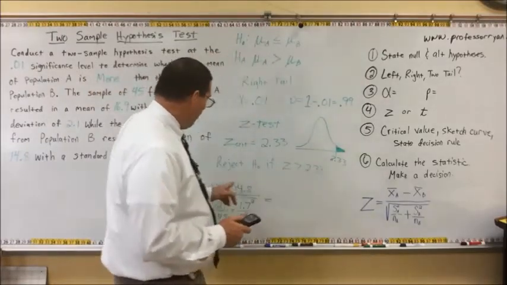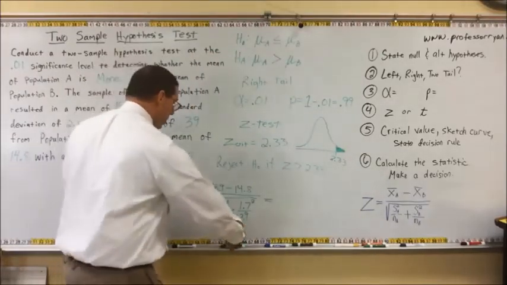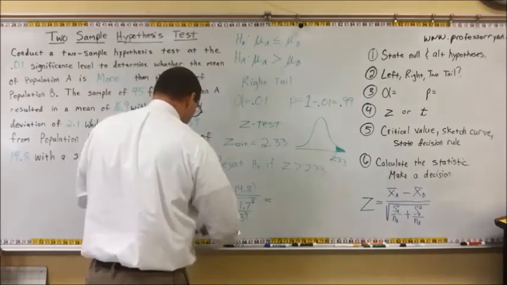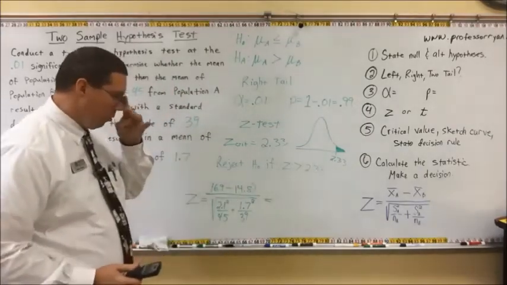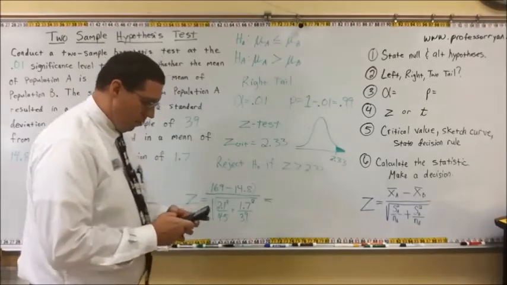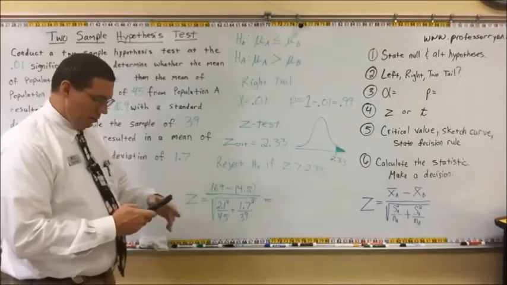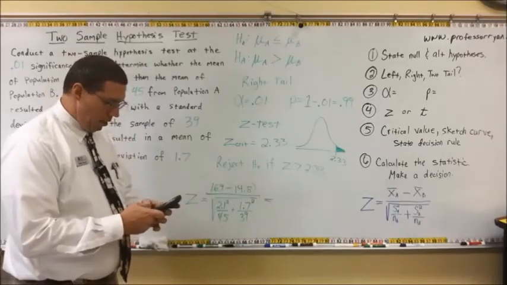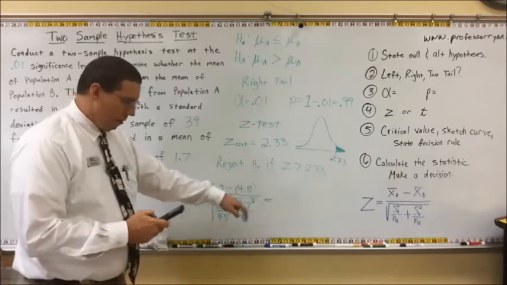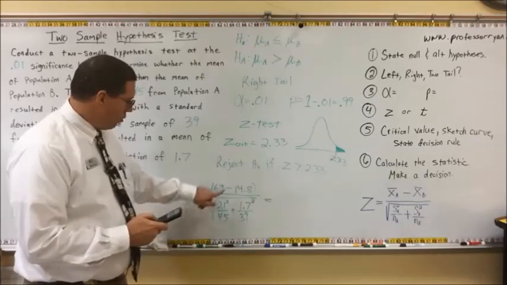I'm going to put parentheses around the numerator because that's going to help me make sure that I do the order of operations correctly. So I'm going to go parenthesis 16.9 minus 14.8. Then I'm going to close the parenthesis, divided by square root of.